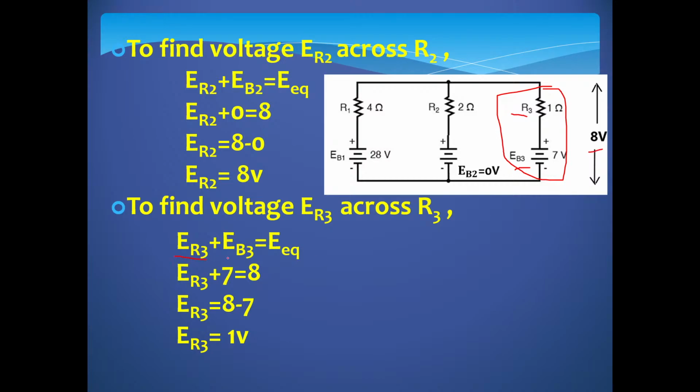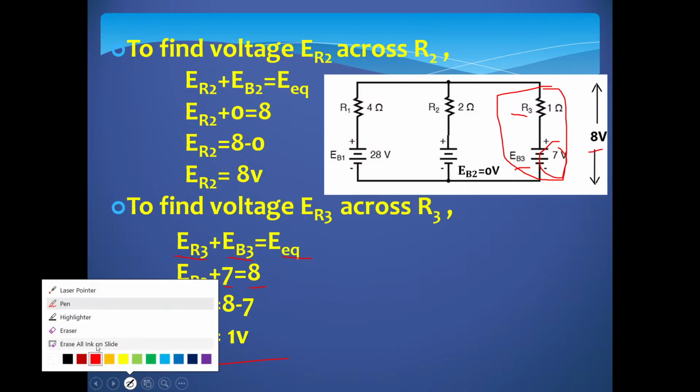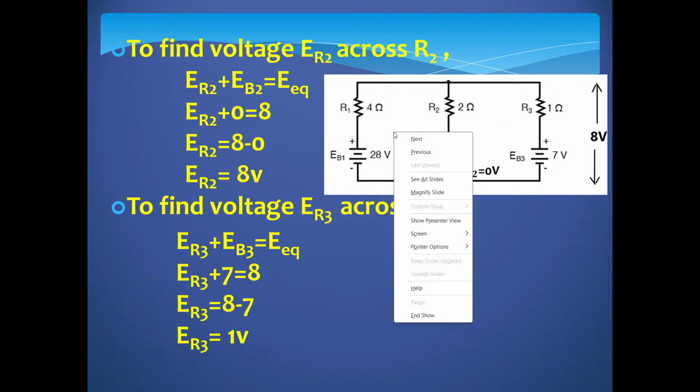So ER3 I have to determine. EB3 is how much? 7 volts. What is the equivalent voltage? 8. So ER3 is equal to 8 minus 7, that is ER3 is equal to 1 volt. So write it down. As soon as you complete, just inform.